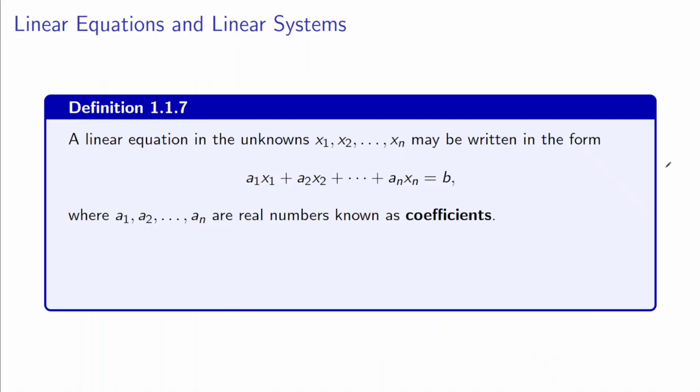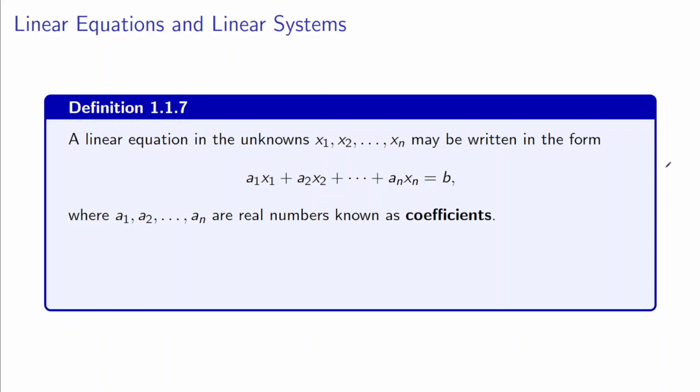To get a little bit more formal with this, we say that a linear equation in the unknowns x1, x2 through xn is an equation that may be written a1 x1 plus a2 x2 plus dot dot dot plus an xn equals b, where a1, a2 through an are real numbers known as coefficients, and b is also a real number.